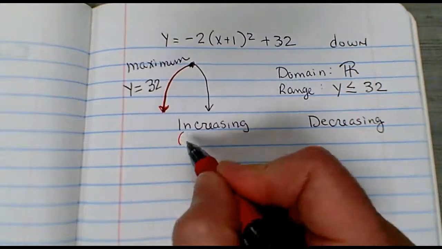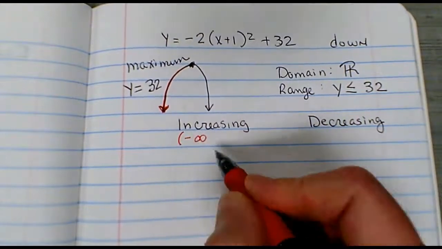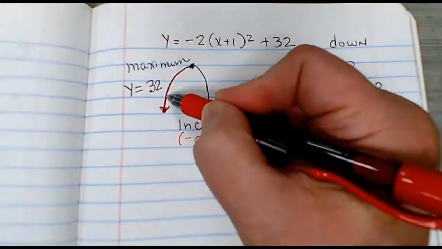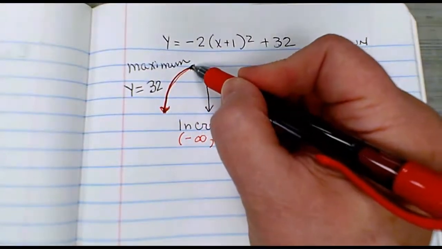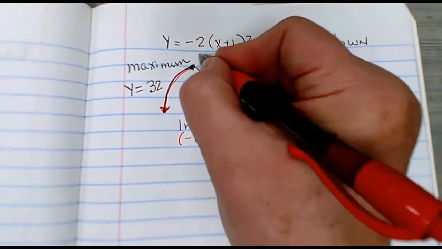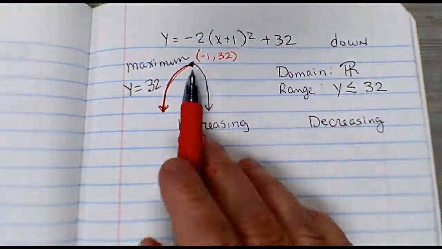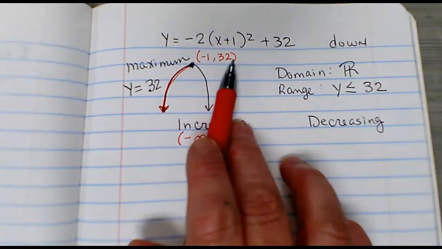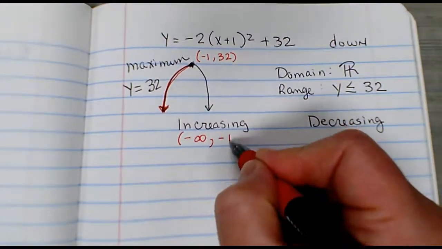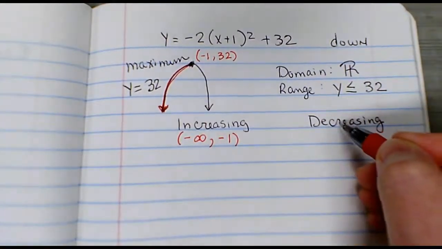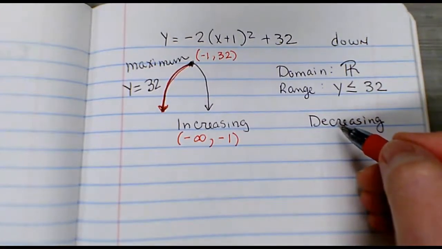It starts on the left at negative infinity and it goes up till we get to this point. This point is negative 1, 32. What is the x value of this point? The increasing and decreasing are written down in terms of the x values.